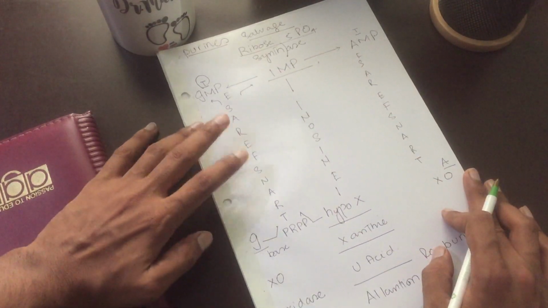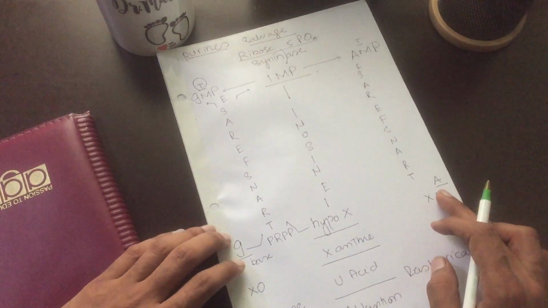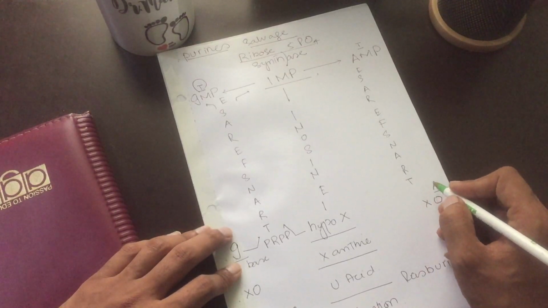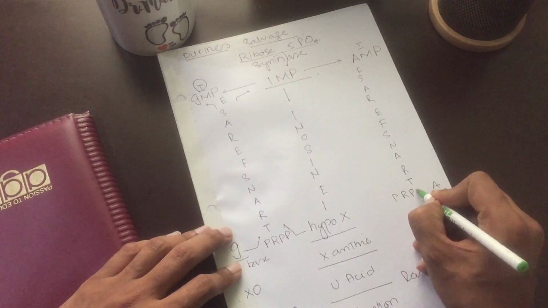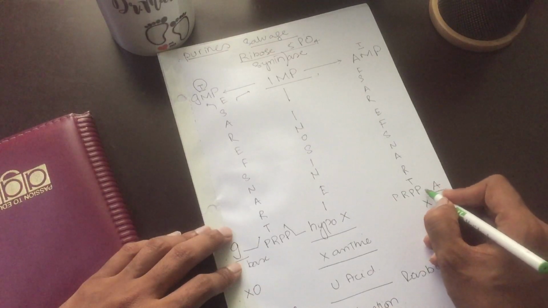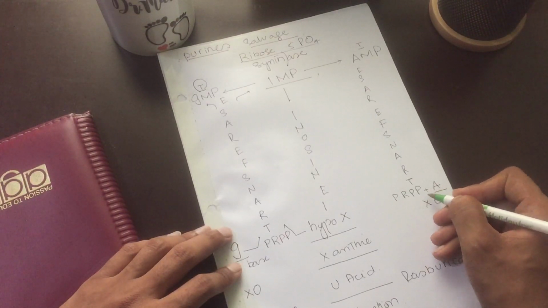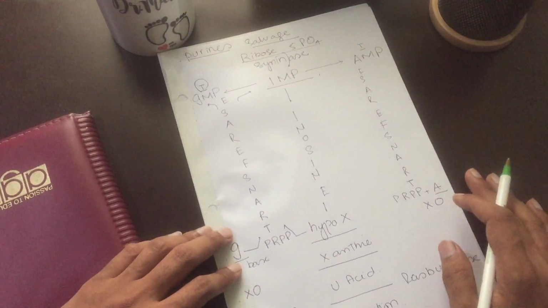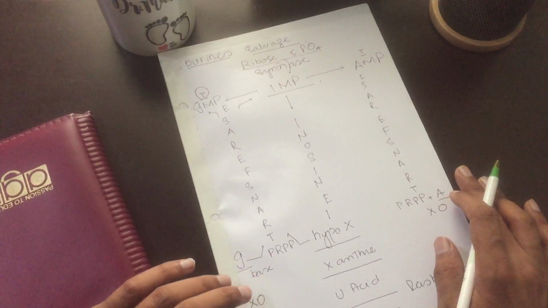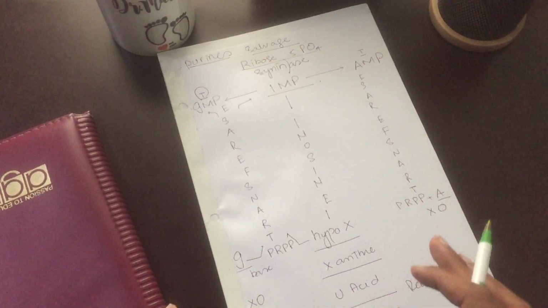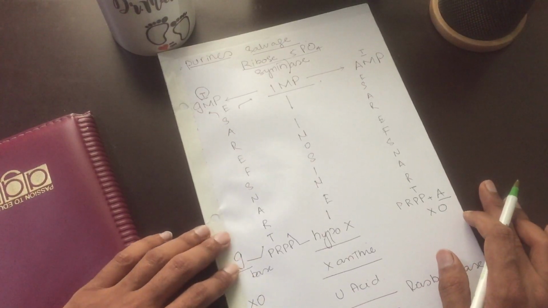On the other hand, we also use PRPP over here to convert adenine back into adenosine monophosphate. So this is generally the whole sketch of how these things work.